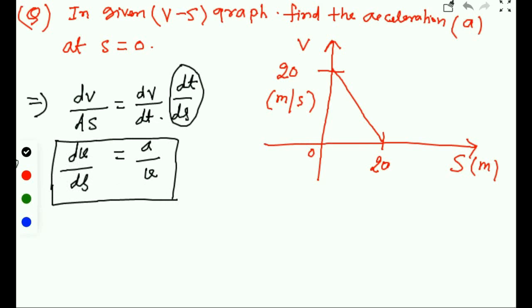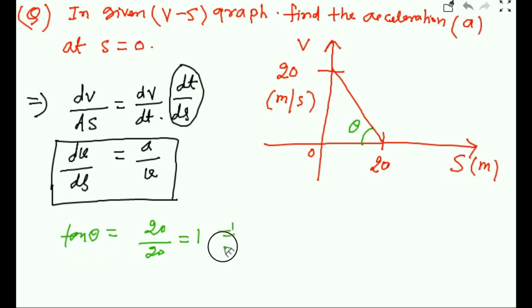Okay, now go through the graph actually. So what is the slope? Suppose that this angle is theta. So you know tan theta equal to 20 by 20, that will be 1. So you can find theta equal to 45 degrees, but the slope is not 45 degrees.